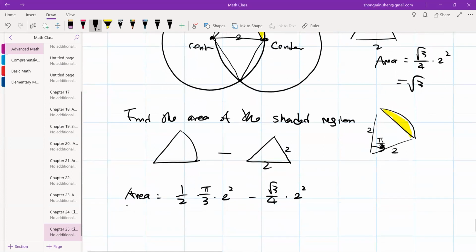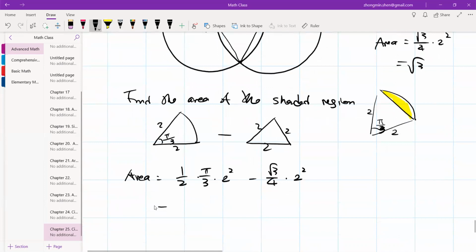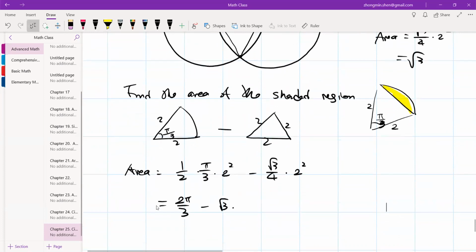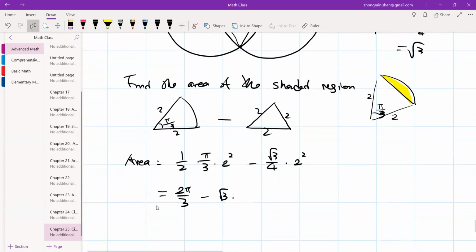That's 2, 2, 2. And pi over 3. So you will get 2 pi over 3 minus square root of 3. You got it?